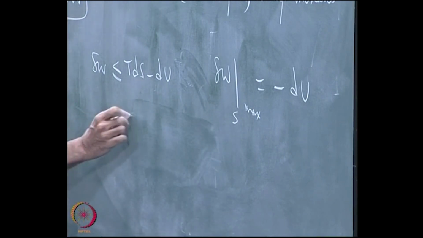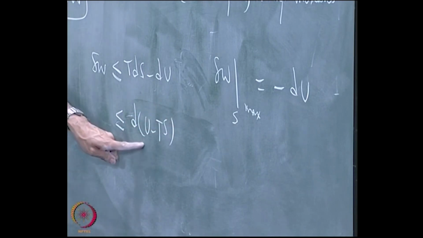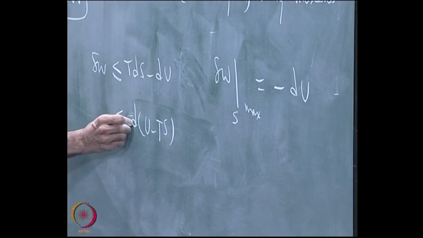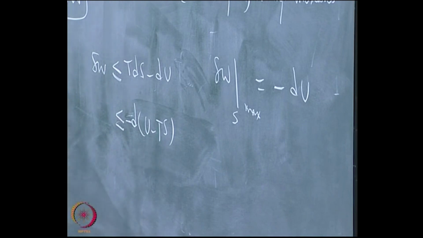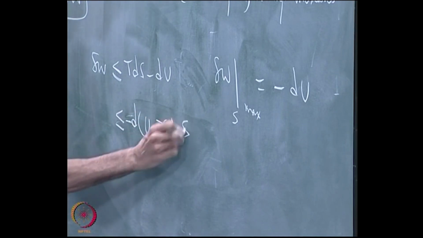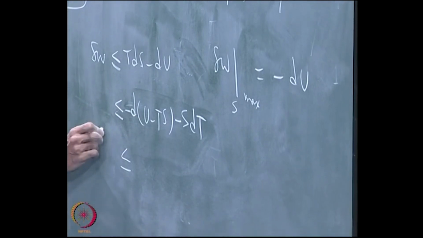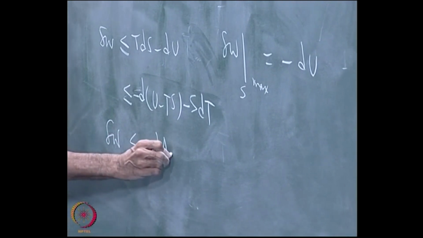Sorry, I will rewrite this way. This gives you minus dU plus T dS, and then I have plus S dT, so I will subtract S dT. And because this animal U minus TS is going to appear again and again, I will write this as minus dA minus S dT.